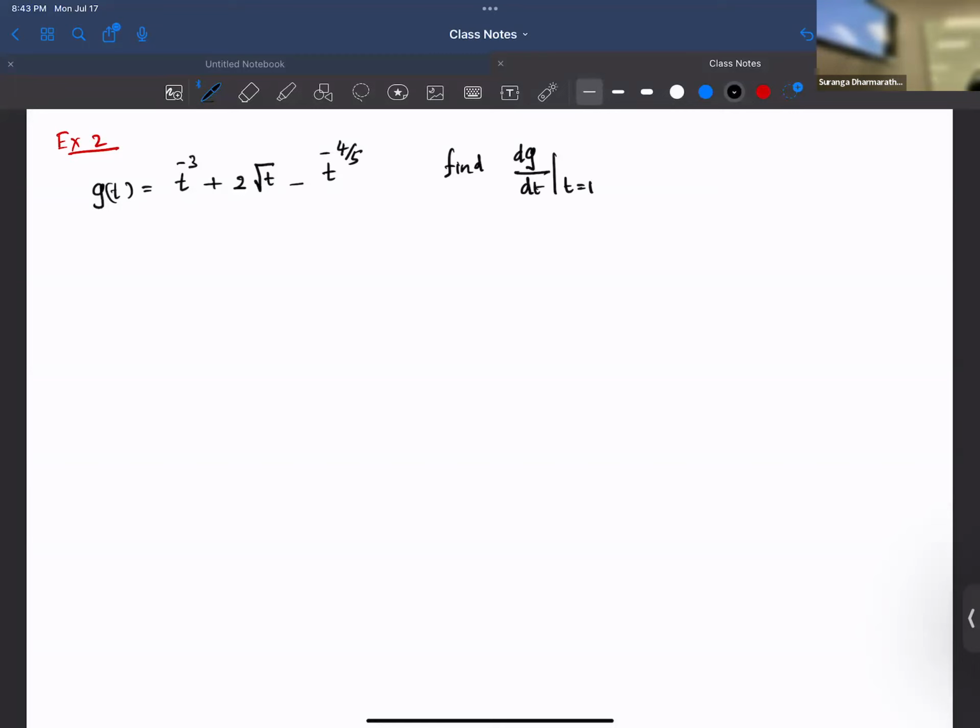So we want to find a general derivative as a function, and then we're going to substitute t equals 1. That's our plan. So let's find this dg over dt. I'll give you a couple of minutes to look at this and come up with the method to find it. You can use your rules and the other theorems or building blocks that we learned.